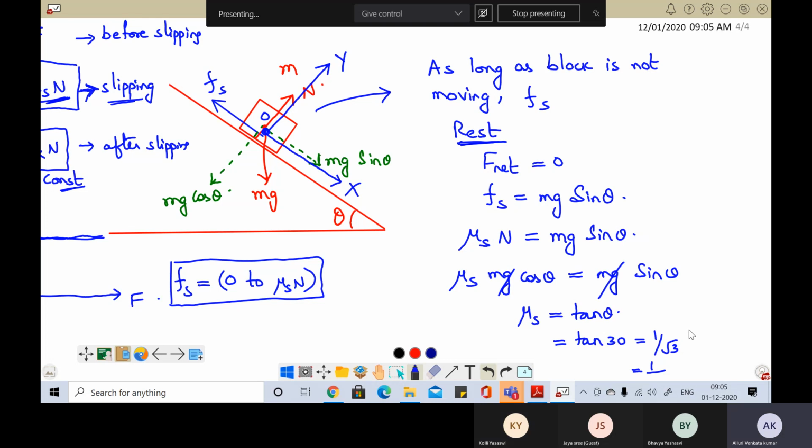Sir, root 3 is 1.732. Correct, so 1 by 1.73. Do it in the calculator. 0.577. Correct.